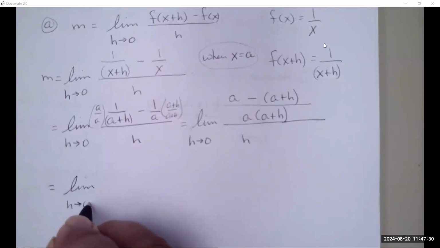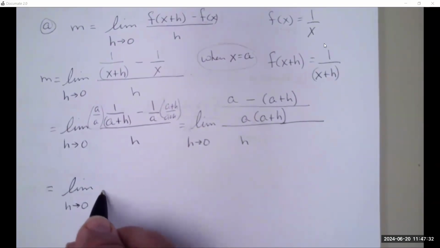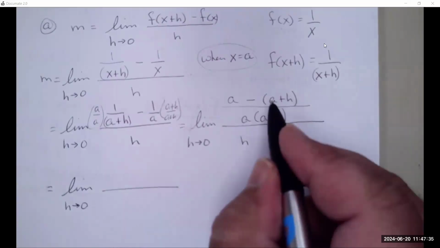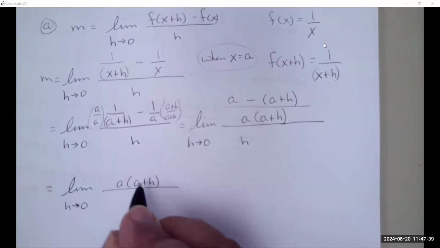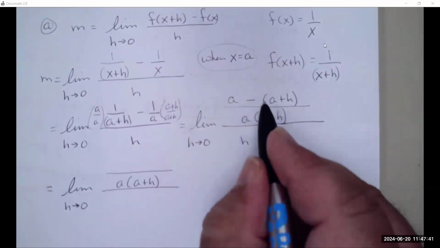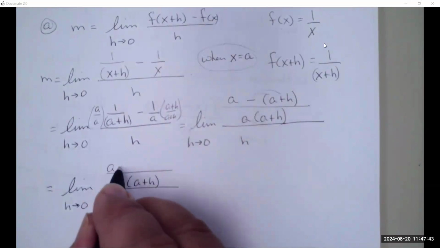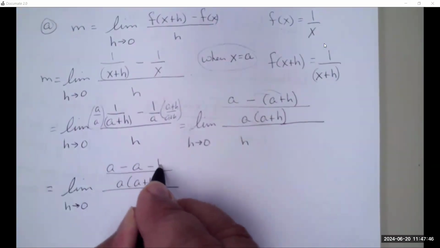Limit as h approaches 0. We have a plus h. This negative goes inside there.